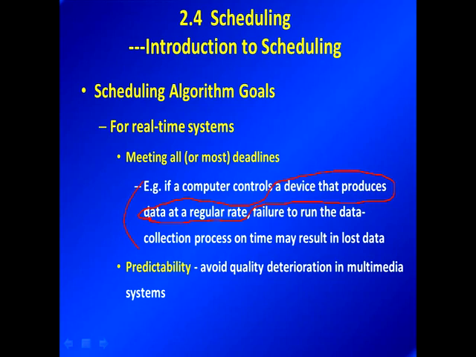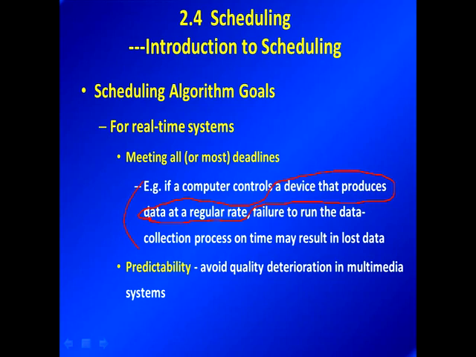You lost a lot of data because you cannot collect them in time. You cannot collect those data before the deadline, and maybe the precious data is just lost forever.